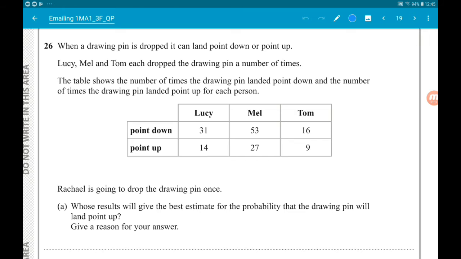And then you can use relative frequency to estimate the probability. So whatever the relative frequency is, you take that as the probability. So in short, the more times you carry out a trial, the more accurate your results are.